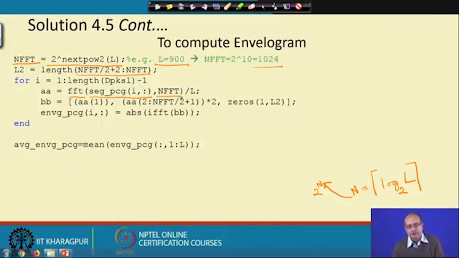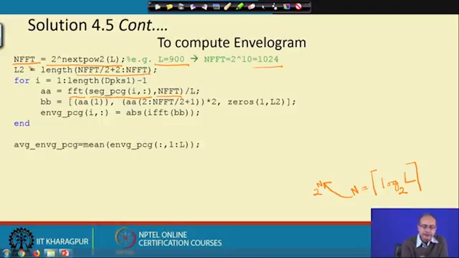In fact, if we have decided to use NFFT, then we could compute this NFFT and directly take it as the L in the previous case, and both jobs could be done together.